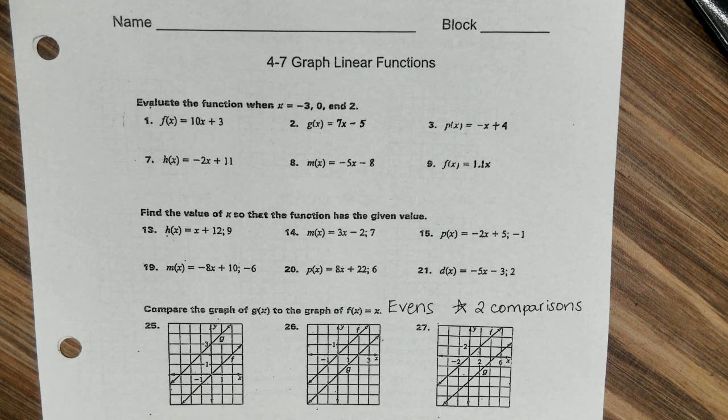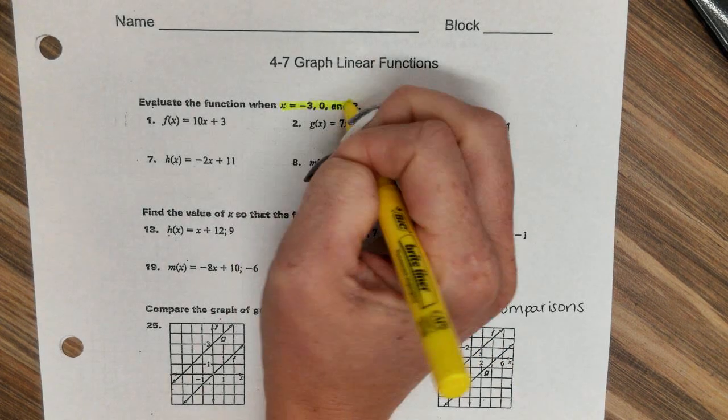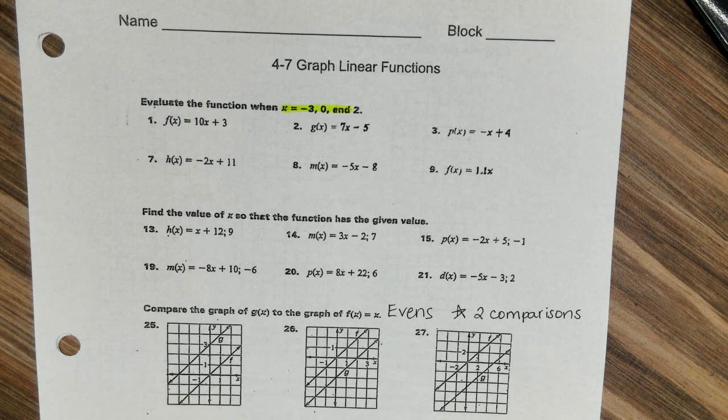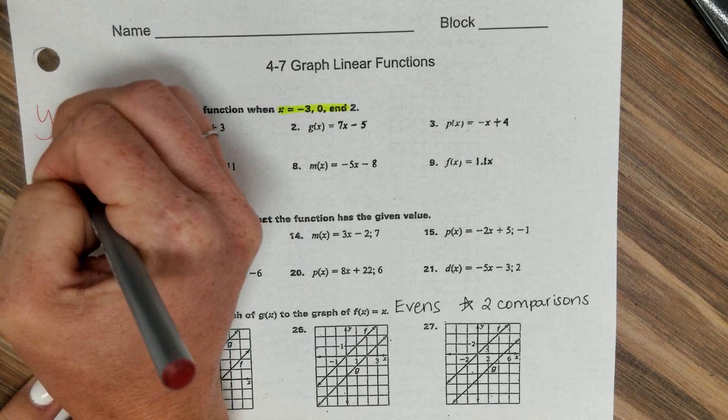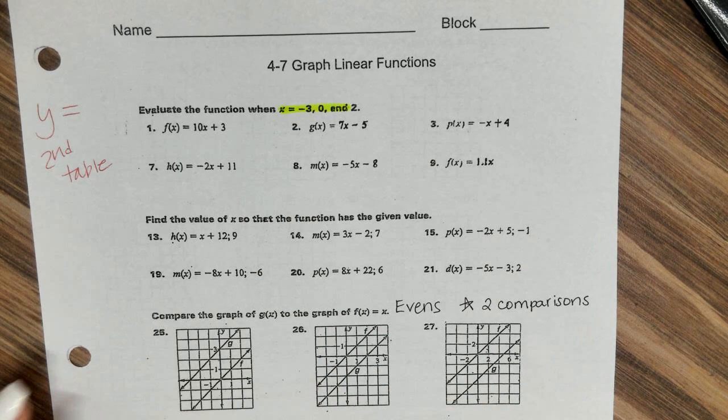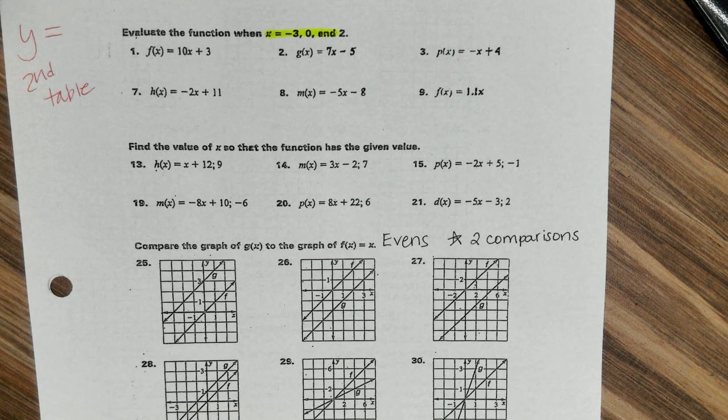Everybody has one. Everybody has their name, yes? Okay, on 1 through 9, they want you to evaluate the function when x equals. What button do you think will help you? I would do my y equals button and go to second table. How many answers are you going to have for each one? 3.